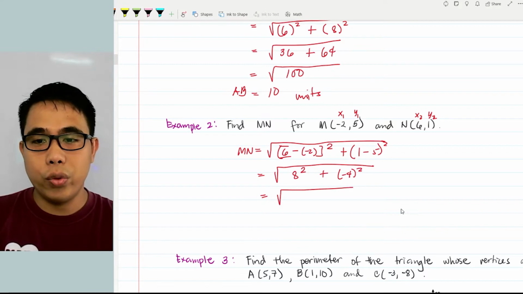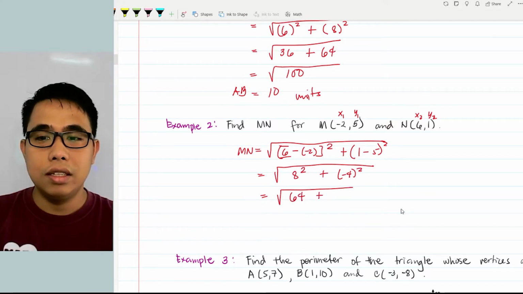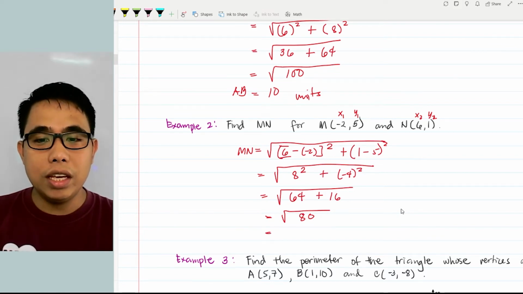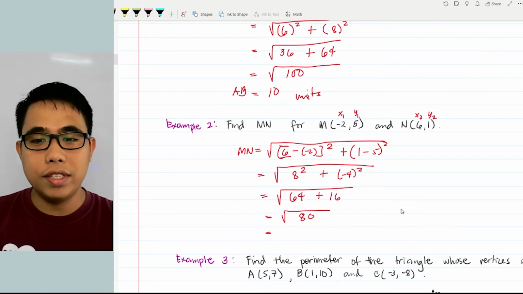So that is the square root of 64 plus 16, which is equal to the square root of 80. Now, 80 is not a perfect square, so we think of a factor of 80 which is the largest perfect square, and that is 16, right?